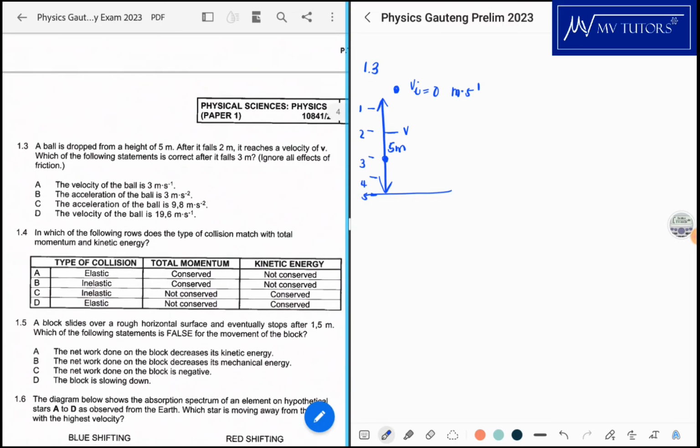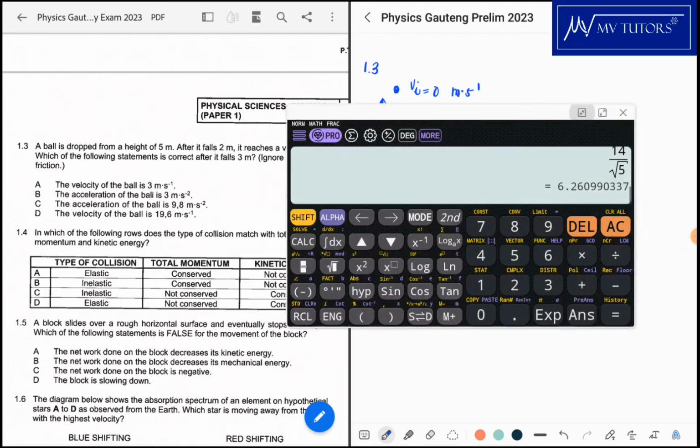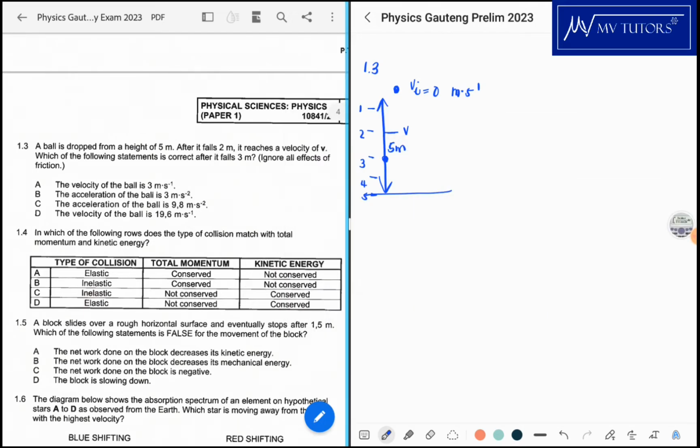And then, oh, they said after it falls 3 meters. So we can change the 2 to 3. It's definitely possible. So we can just check here. So, that's 7,67. So no. The acceleration of the ball is 3 meters per second squared. No, this is free fall.